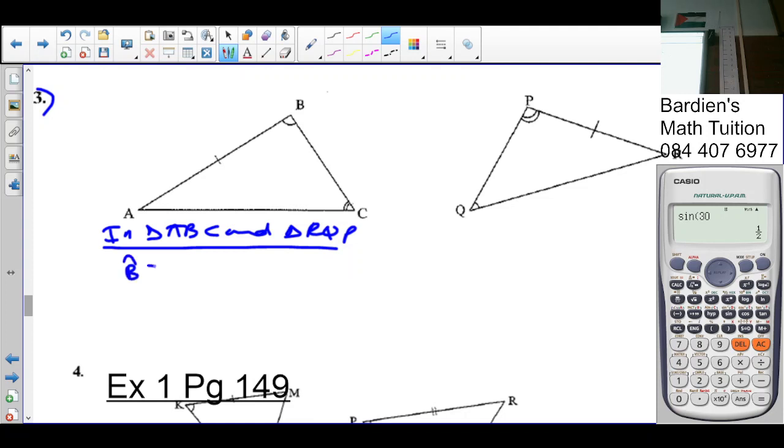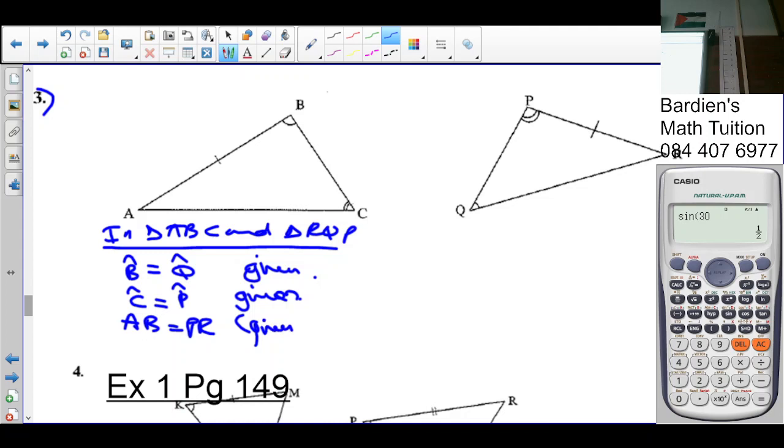Angle B is equal to angle Q. Why? Given. Angle C is equal to angle P. Why? Given. Okay. Last one. AB is equal to PR. Why? Given. Are those two triangles congruent?